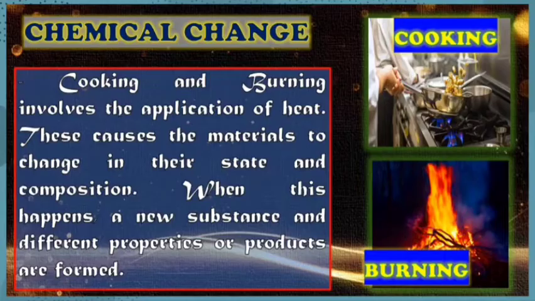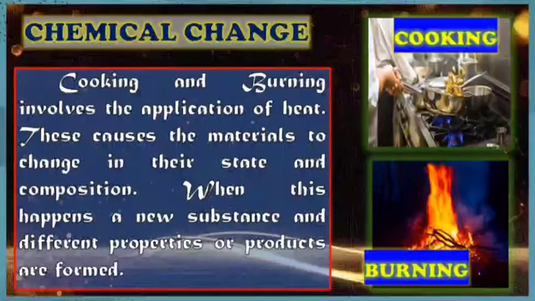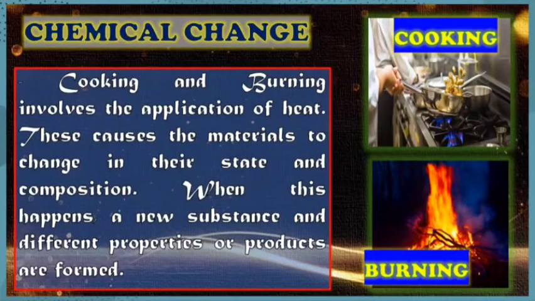When this happens, new materials with different properties are formed. For example in cooking, when you cook an egg, the egg is in liquid form. And then when you fry it by means of heat, can you still return the fried egg into liquid? Definitely no. So that is a chemical change.